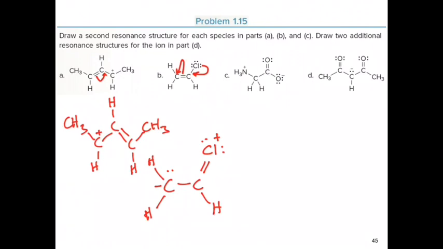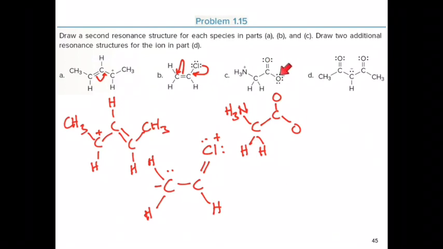All right, and what about C? So again, we'll draw the location of the atoms here. Okay, and so when you look at this double bond right here, you see that there's a double bond here, and then a single bond here, and a bunch of lone pairs.